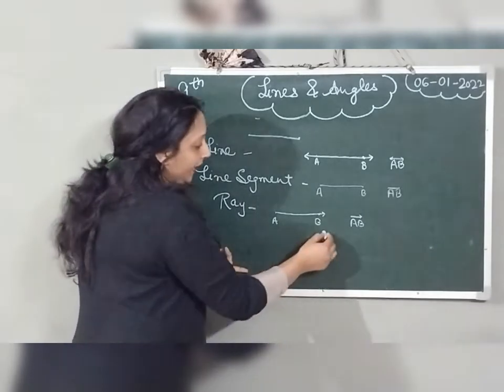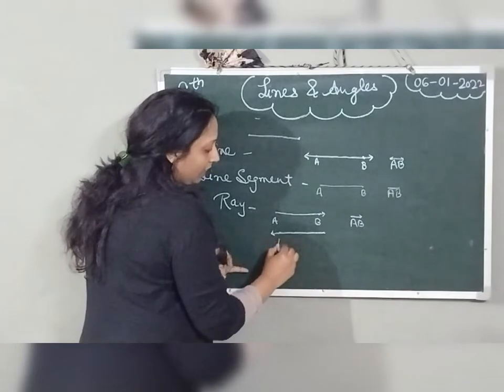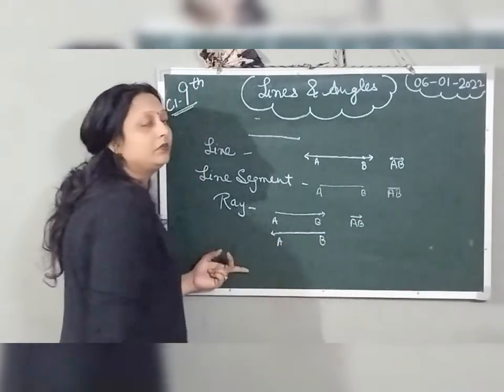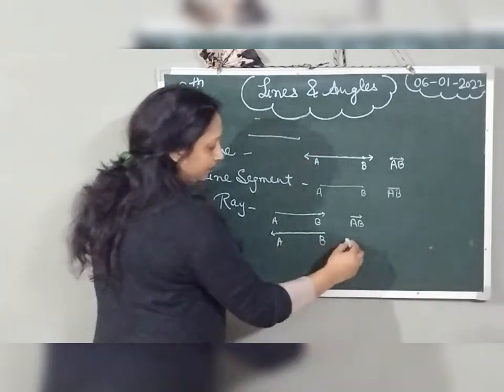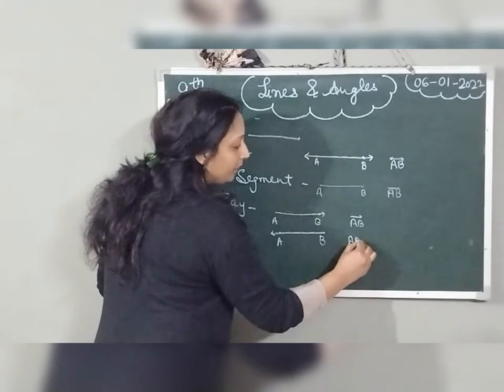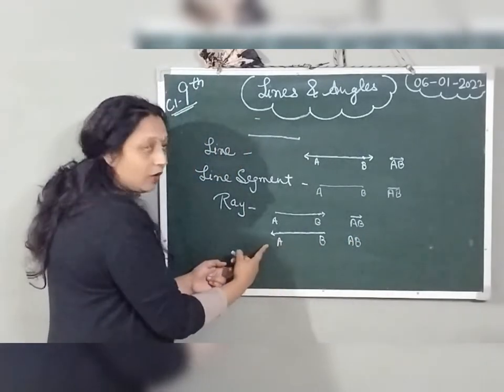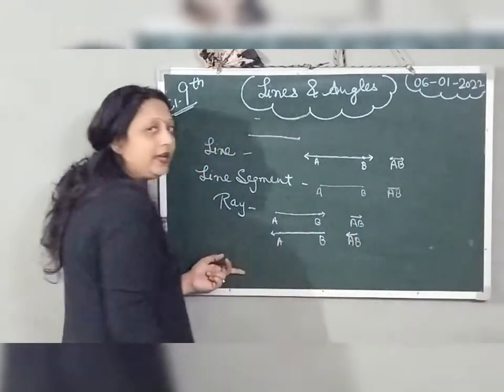How can I write this ray? This can be written as BA, or you can say AB, but the arrow is going on the side of A. So we have to write ray BA like this.